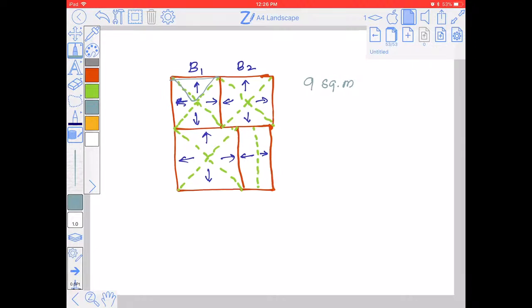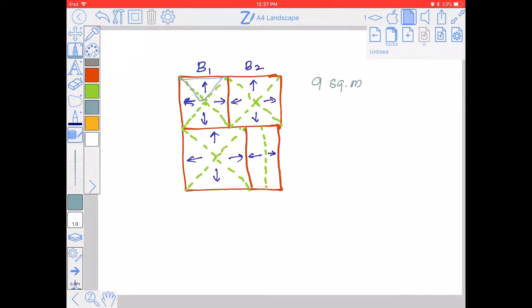If there are 4 panels, what is the area of one panel? 9 divided by 4. How much will it be? Please, anybody reply. Can anybody reply?